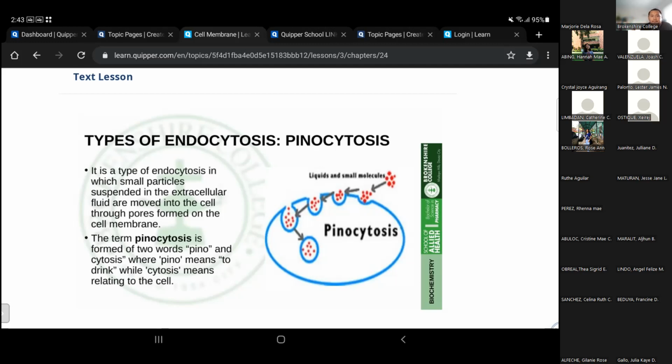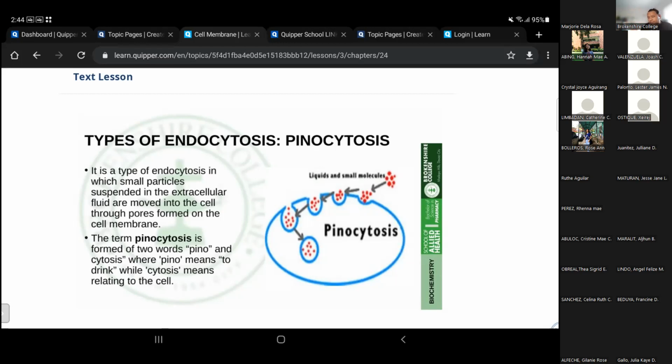Do you get me? In liquid form, it's pinocytosis. If it is solid form, larger forms of molecules or substances, it's phagocytosis. Do you get me? Nakuha niyo guys? Do you follow?